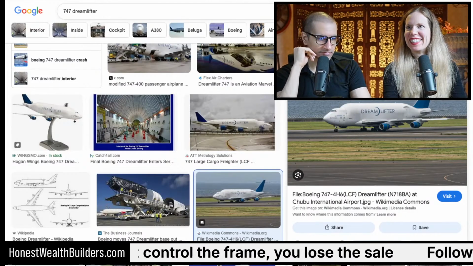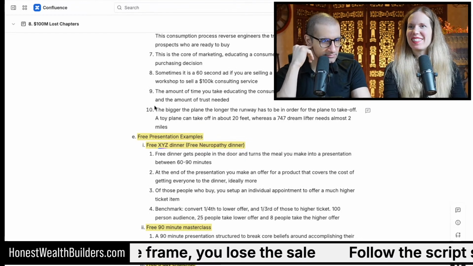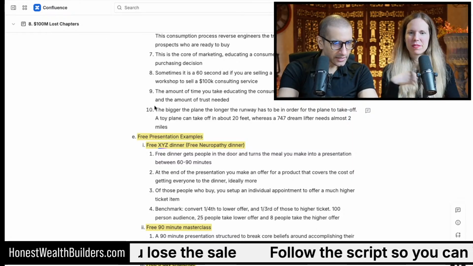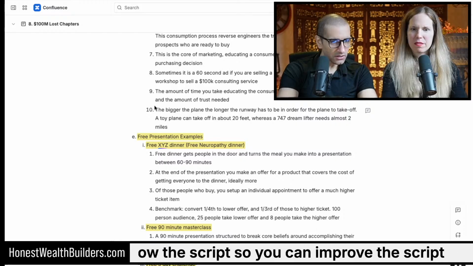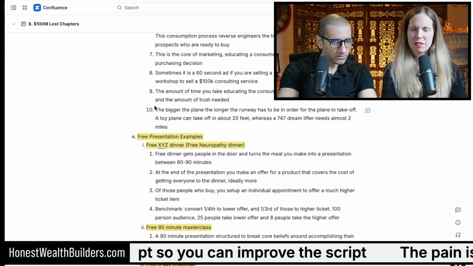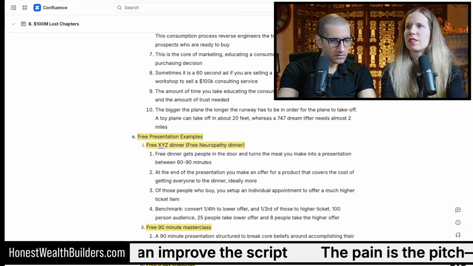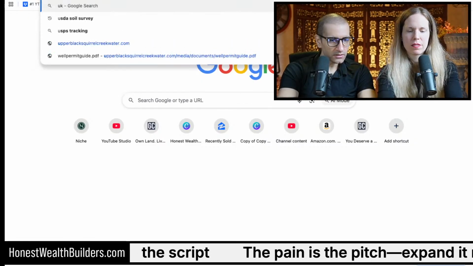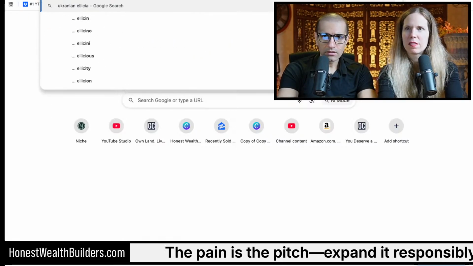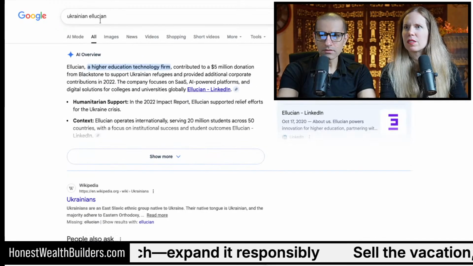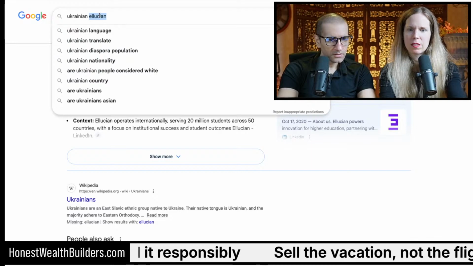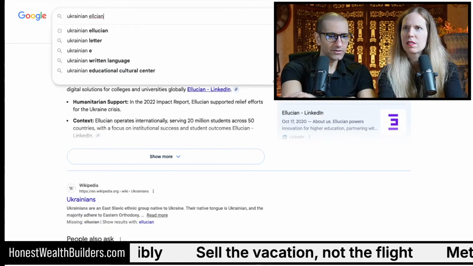Okay. All right. Interesting. The Ukrainian aircraft that was destroyed was the largest cargo aircraft in the world. Should we look at it? He gave the name.